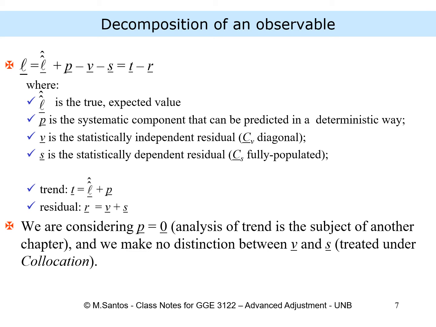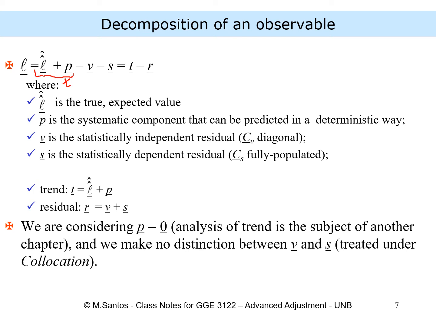Continuing with the equation, we can also say that L bar equals T bar minus R bar, I mean underline. The term T represents the trend. So the trend will be the first two terms of this expression.